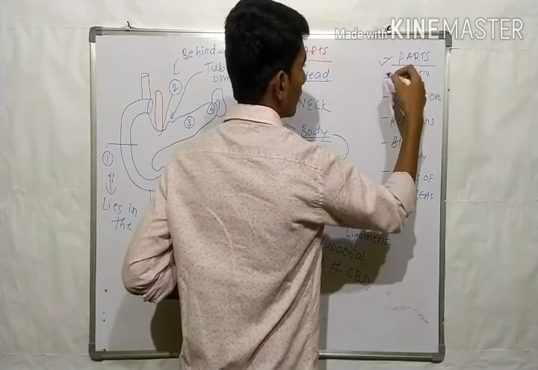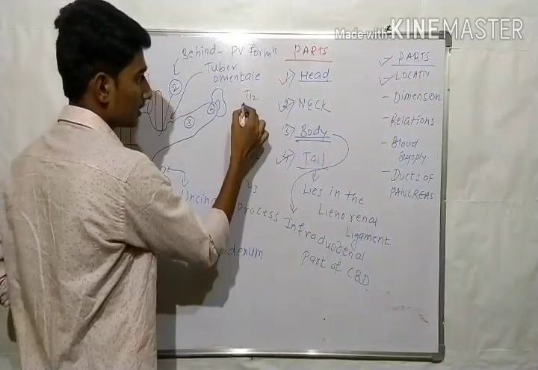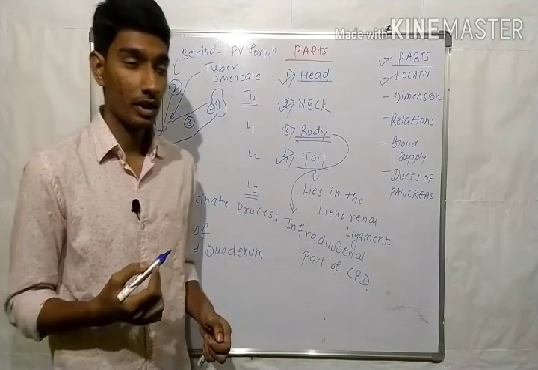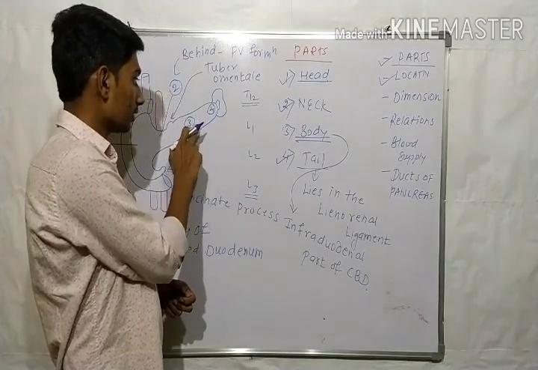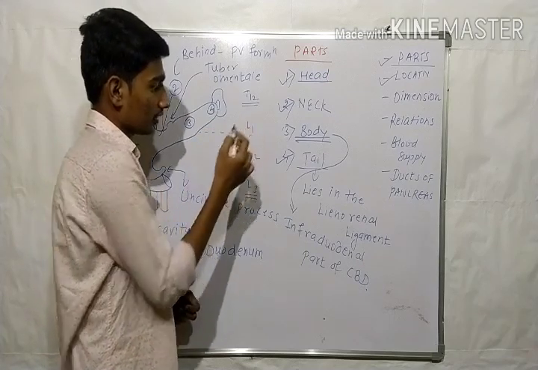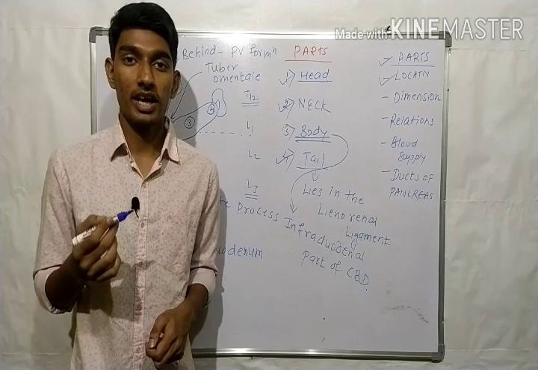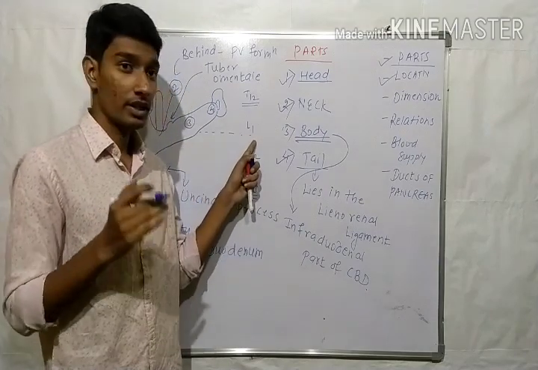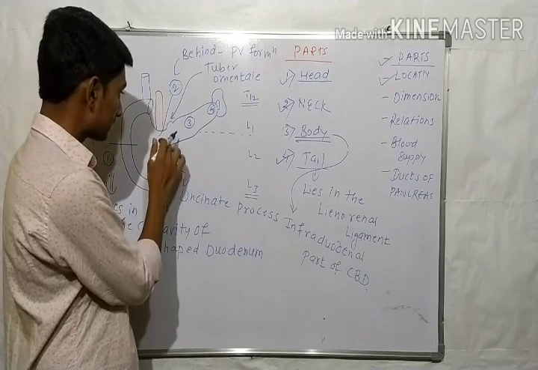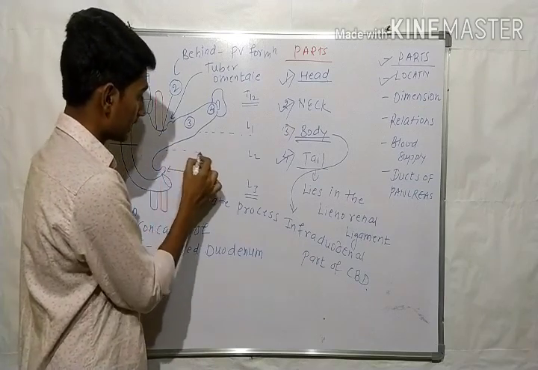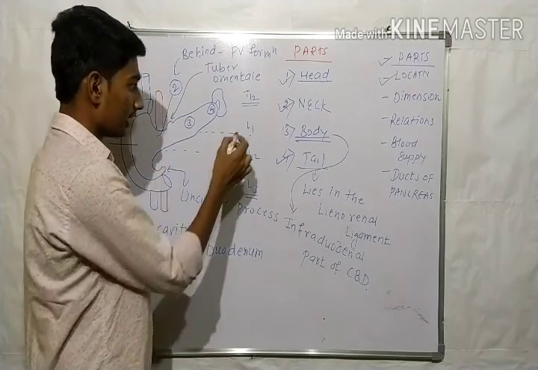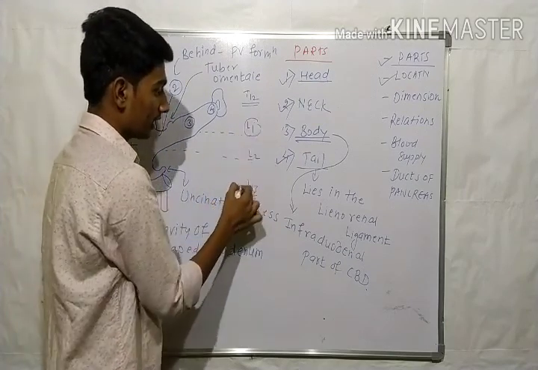Now location: pancreas is located between the T12 and L3 vertebra. The body of pancreas lies in the transpyloric plane, and as we know, this transpyloric plane passes through lower border of L1. The neck lies at the level of L2, and the head lies between the L1 and L3.